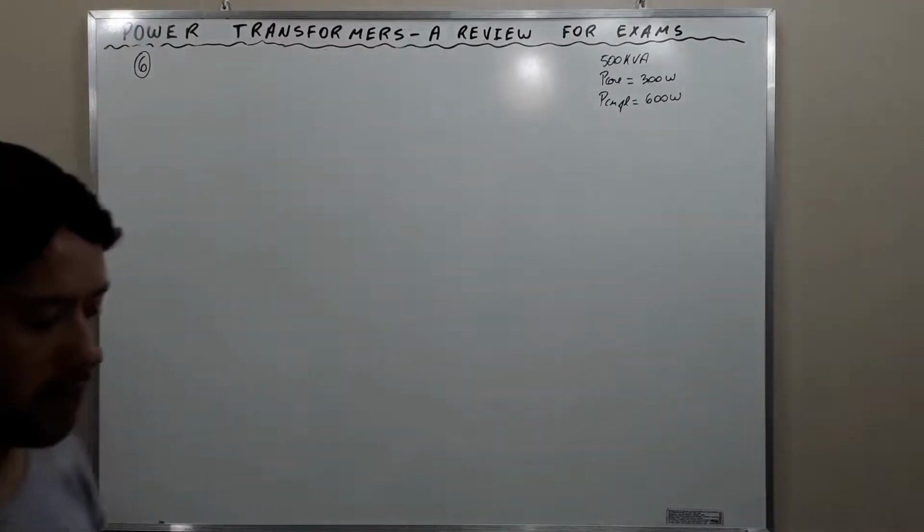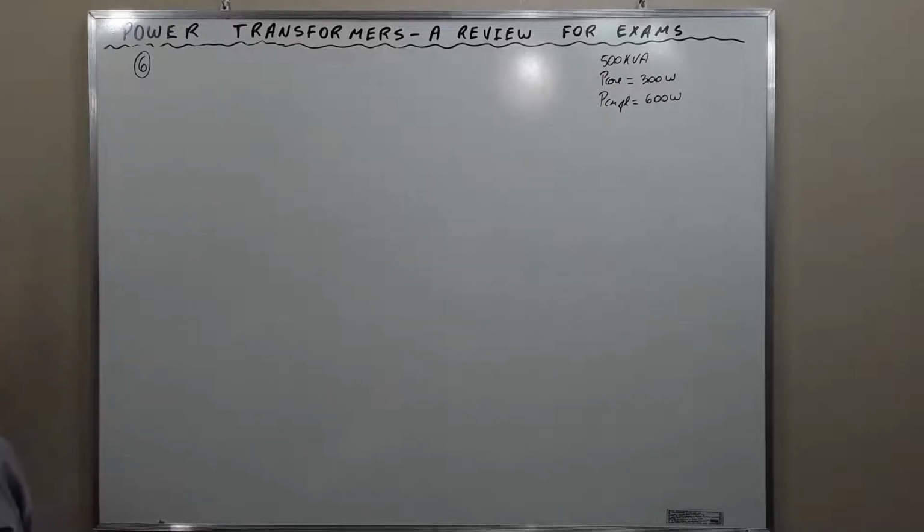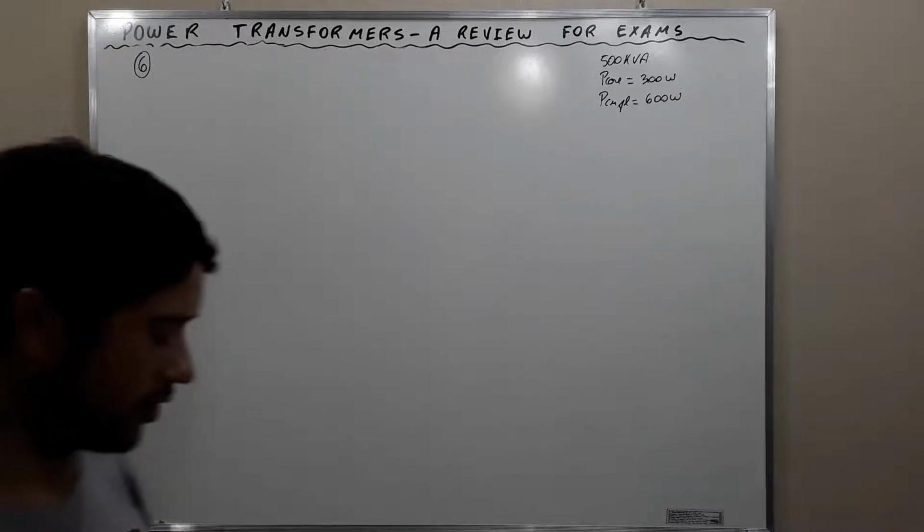Exercise number 6. A 500 kVA 3-phase power transformer has core losses of 300 watts and full load copper losses of 600 watts. What is the level of load at which the transformer is expected to reach maximum efficiency?